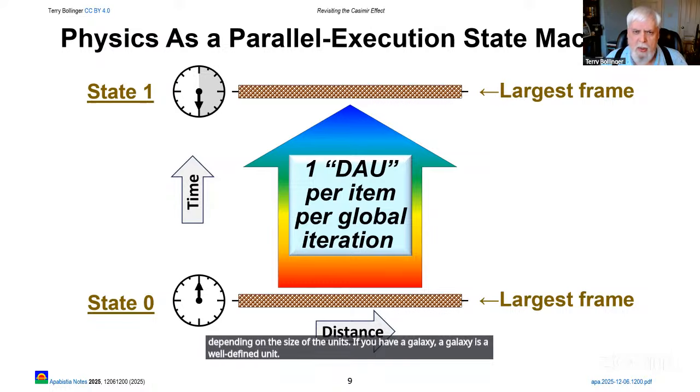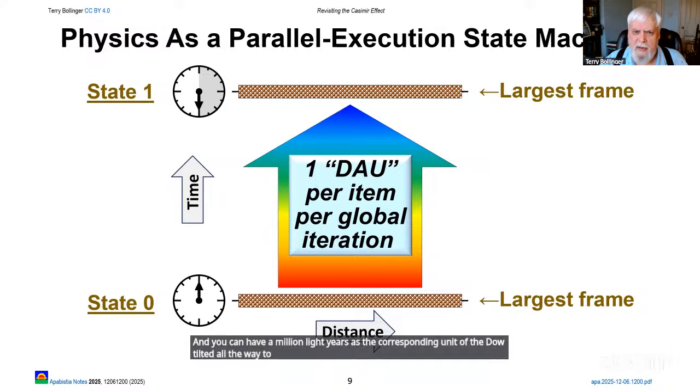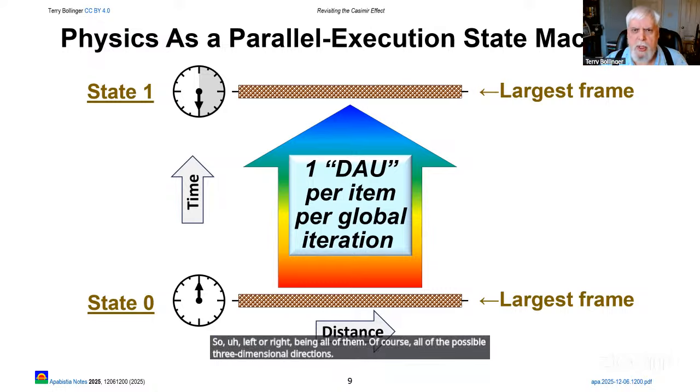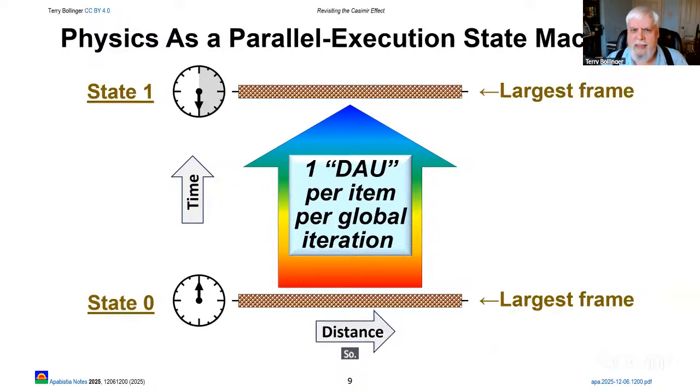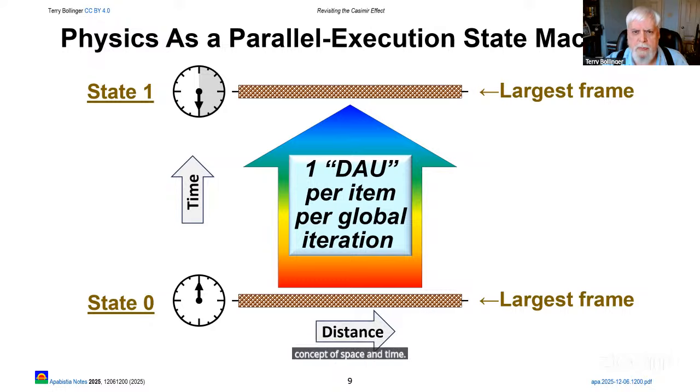You can have one DAU that has 1,000,000 years as the distance between states, and you can have 1,000,000 light years as the corresponding unit of the DAU tilted all the way to the right or to the left. Left or right being, of course, all of the possible three-dimensional directions. So an oddly simple model, but one that puts state-machine interaction, state-machine dynamics above concepts of space and time in terms of how fundamental they are.